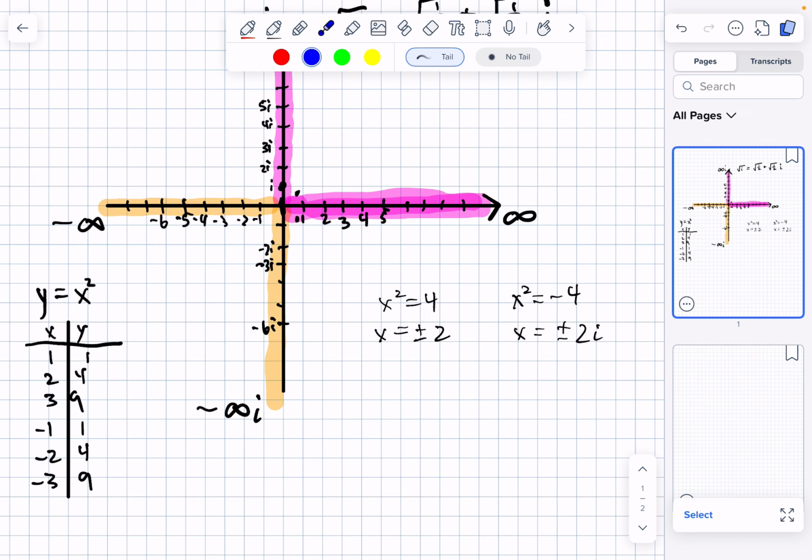Well, it seems like it's the same thing with imaginary numbers. Whether it's positive 2i or negative 2i, you get -4. But it's not having the same effect, where it goes back on itself.